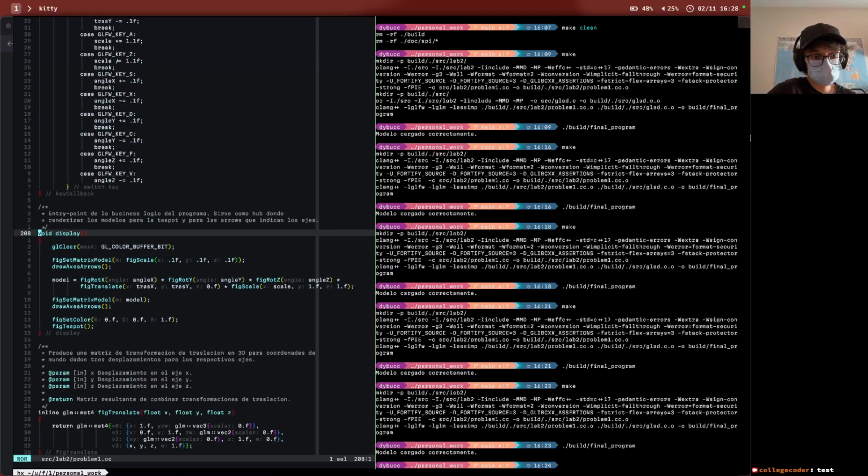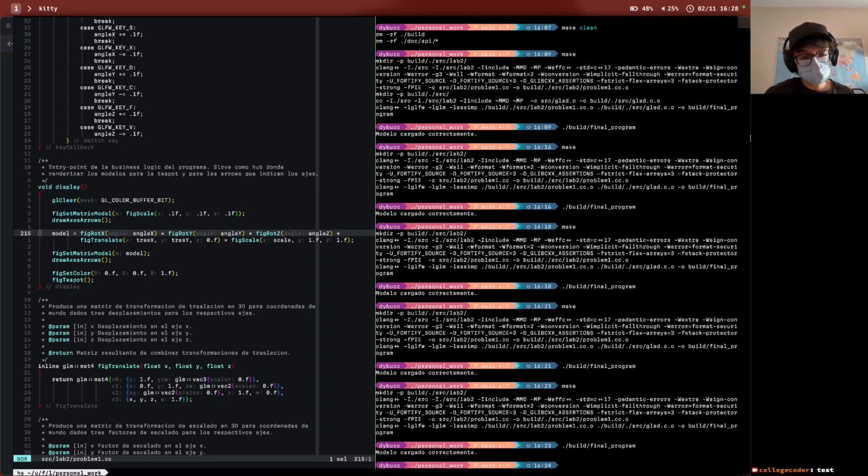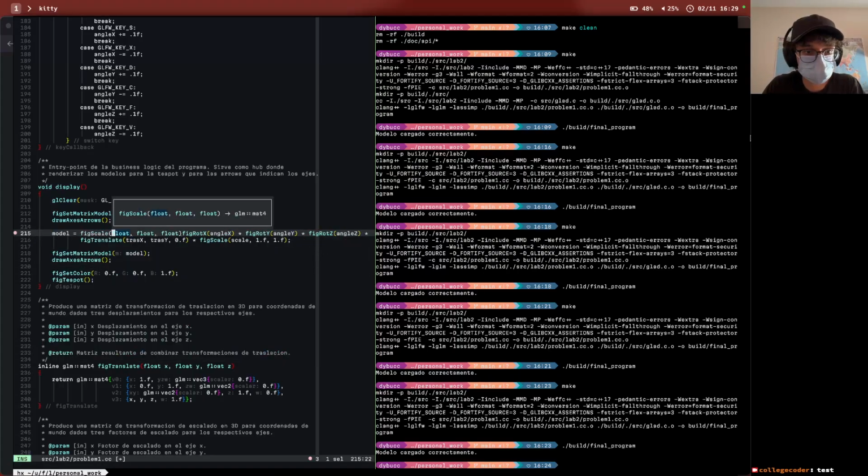So I'd like to know why is it that when I subtract to the angle, probably want to also apply that scaling. I mean 0.1f, 0.1f, 0.1f.